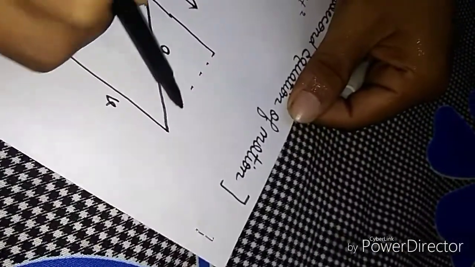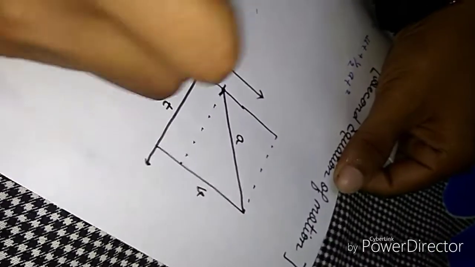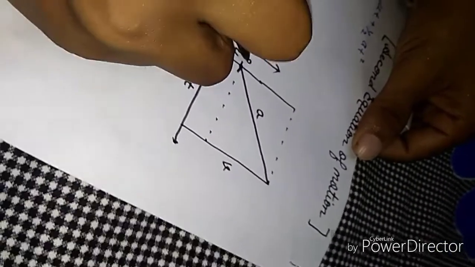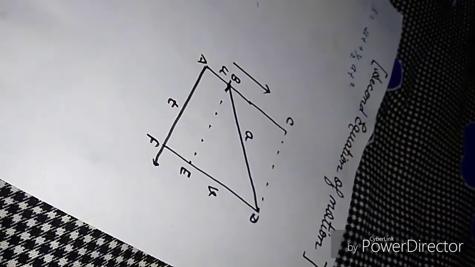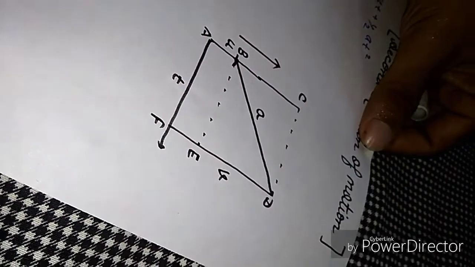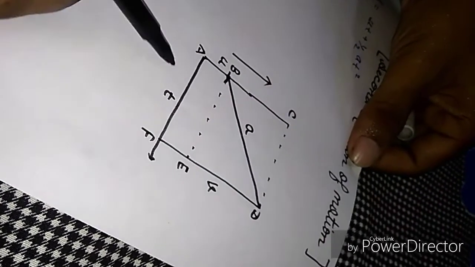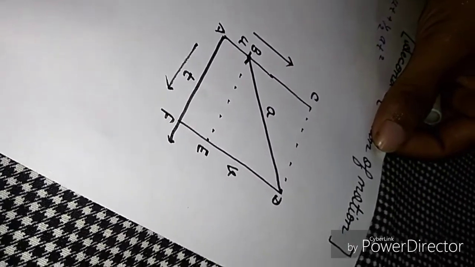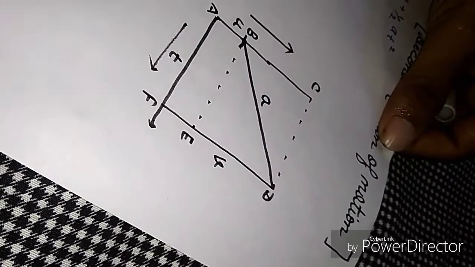So we draw a parallel line, and from here we draw a parallel line. A, B, C, D, E, F. AB represents the initial velocity of the body, t represents the time taken by the body, a represents the acceleration.